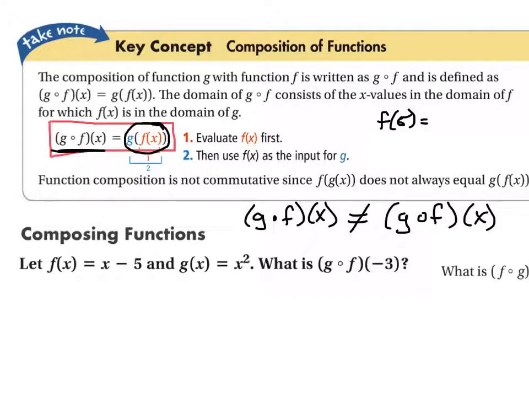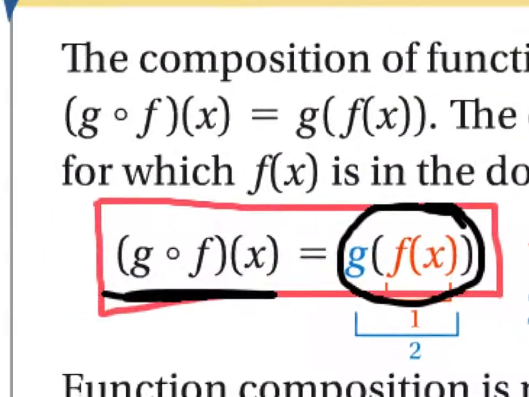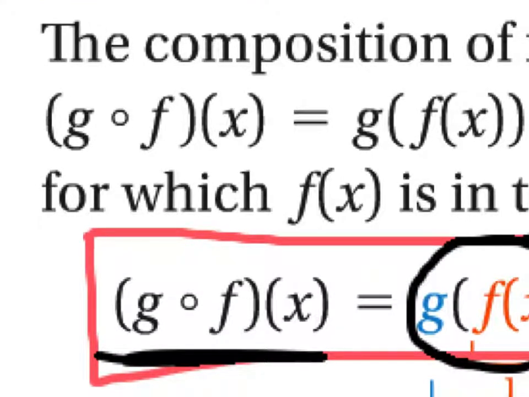The way I like to remember that whenever I'm working these problems, let me zoom in here. I look at what they're asking me to do. So right here I've got g of f of x, and I say, all right, let's just add another set of parentheses there. And so now it looks like that. Now I can see what I'm doing. I'm plugging f of x into g of x. Okay?